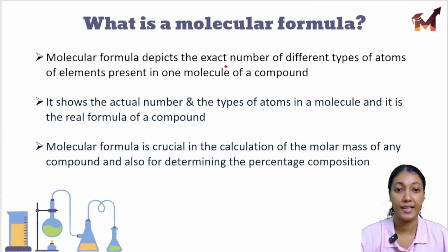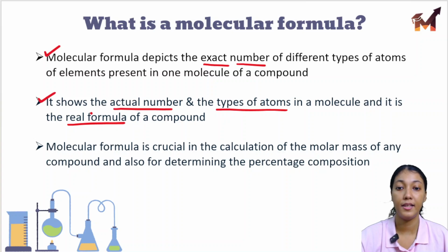Molecular formula depicts the exact number of different types of atoms of elements present in one molecule of a compound. How many elements a compound has and how many atoms of each are present will be given by the molecular formula. It shows the actual number and the types of atoms in a molecule, and it is the real formula of a compound.